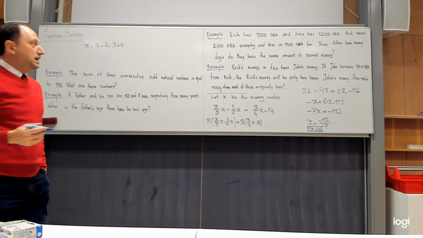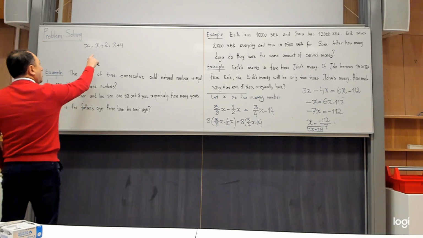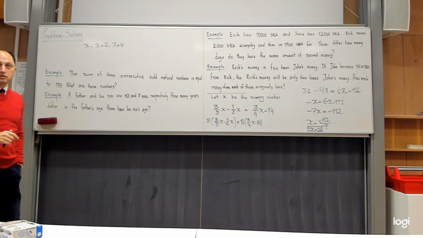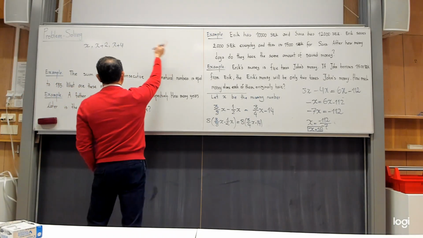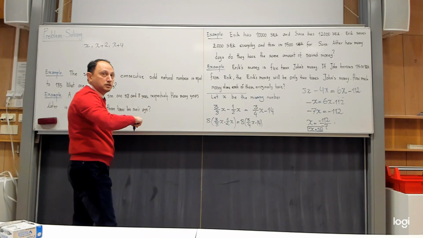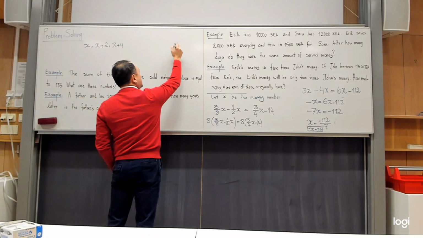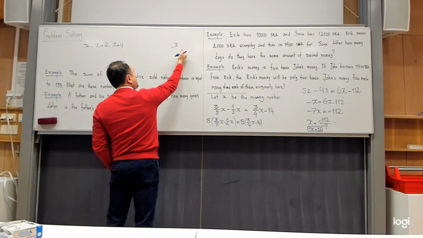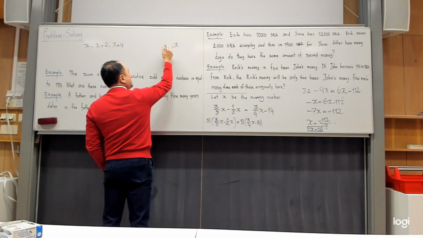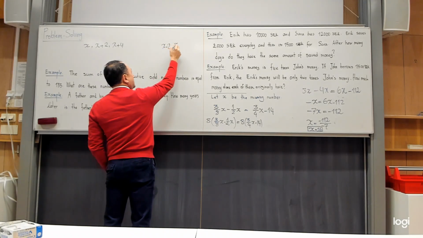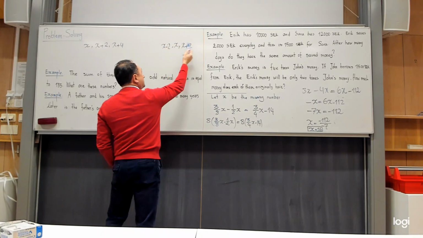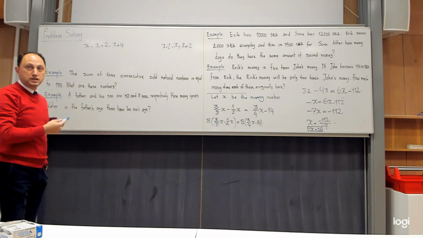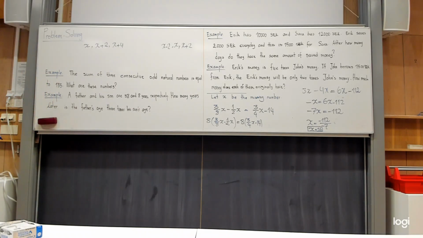Another way: you say, no, I want to call the middle one x. No problem. I can call the middle one x, but this x and that x would be different. The previous one would be x minus 2, and the next one would be x plus 2. I myself prefer this method. You will see why this is easier to cope with the problem.